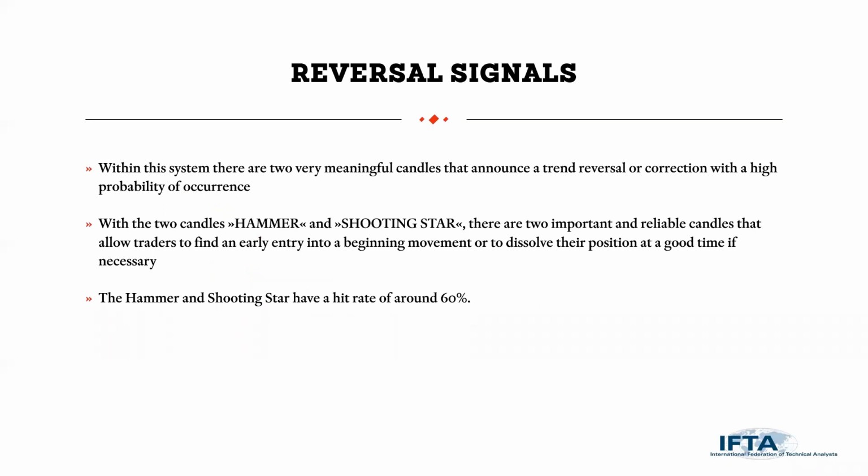So coming back to these nice candles where you see just a small body and a long upper or lower shadow, these are called hammer and shooting star.